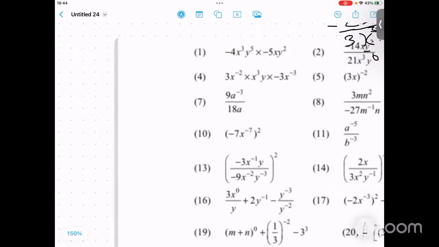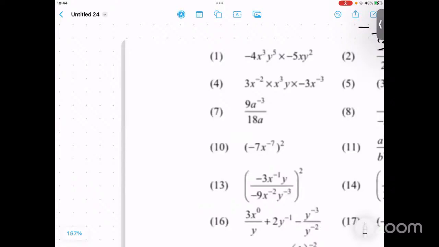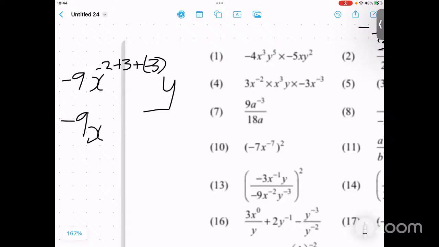After, I'm going to say x to the power of -2 plus 3, and then y, so y to the power of 3.